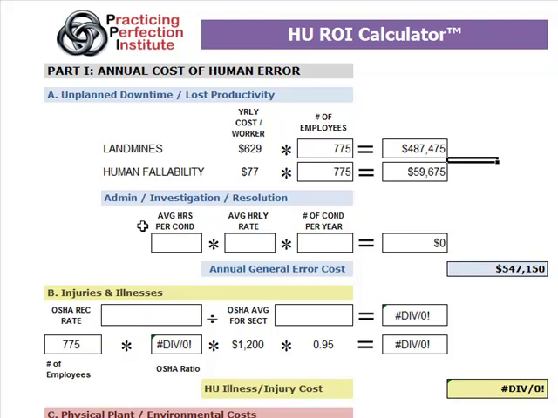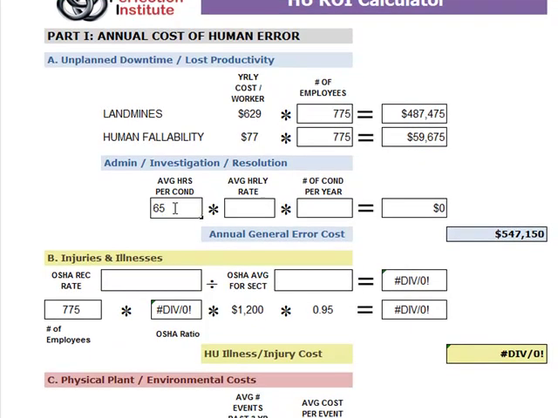So let's say that in your organization, when you have one of these things, you spend an average of 65 hours between investigation, administration, and resolution. The next block is for entry of the average hourly rate of the folks that are involved in administration and investigation. So let's put $55 per hour in there.